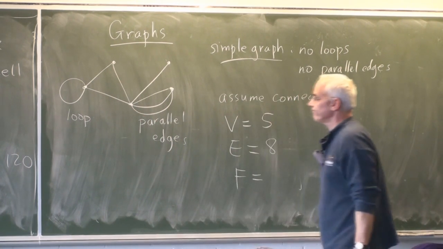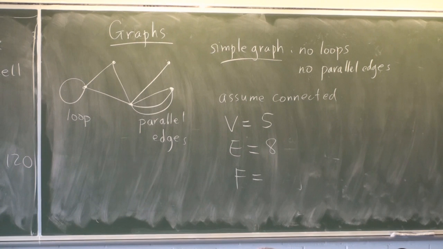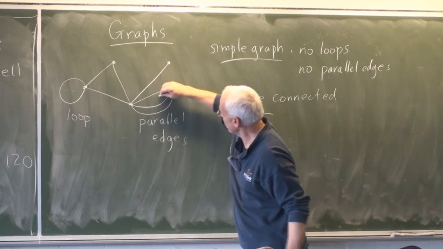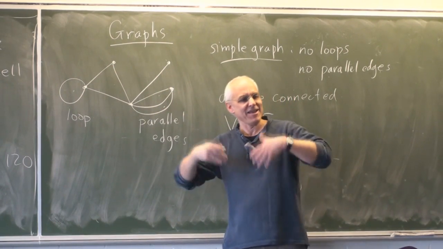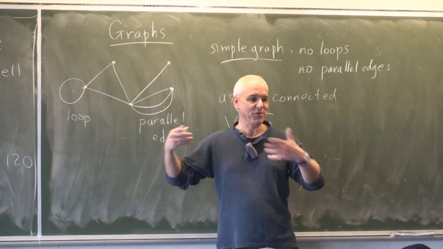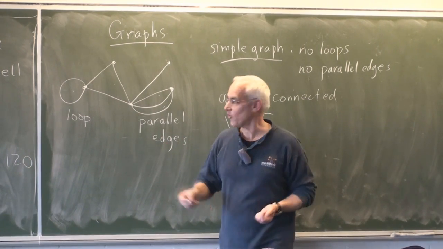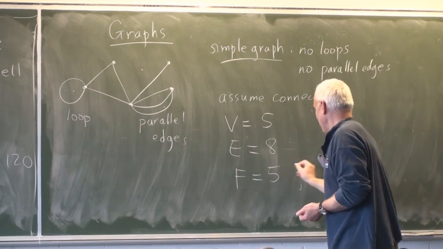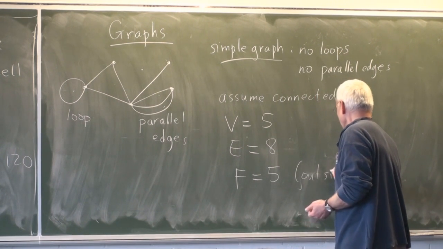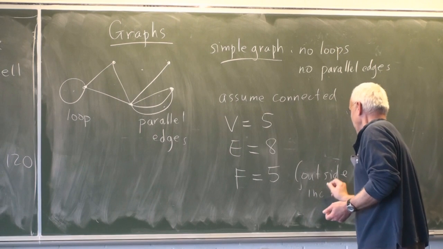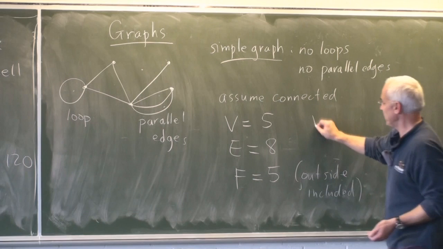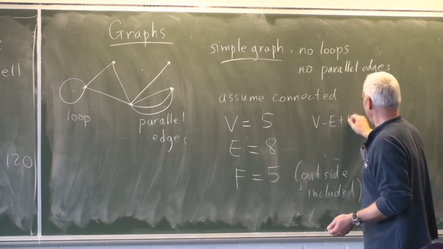Faces: let's see, that's a face, 1, 2, 3, 4. And then we generally want to include the outside as well, so 5, outside included. And lo and behold, V minus E plus F equals 2.